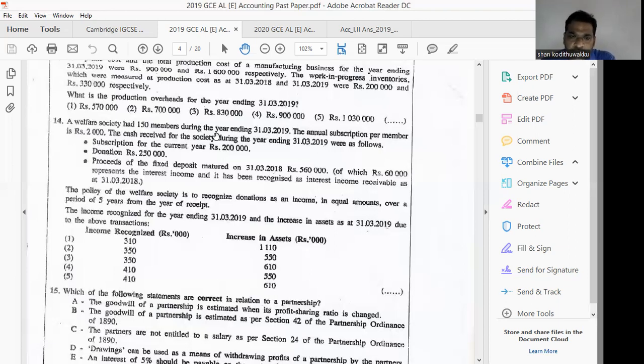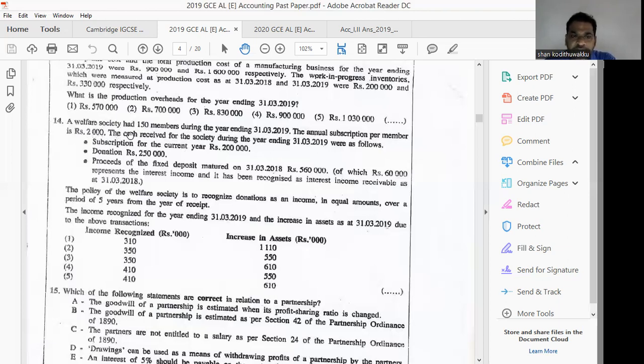Then we are given details regarding what you have received during the period. You have received subscription for the current year 200. Our relevant member fee is 300. How to calculate the relevant member fee? 150 members and per member 2,000. That means 2,000 into 150. We take 4 zeros, 15 into 2, 30.